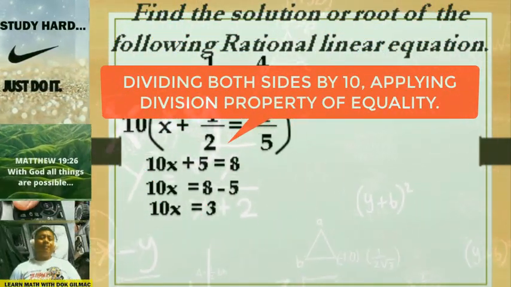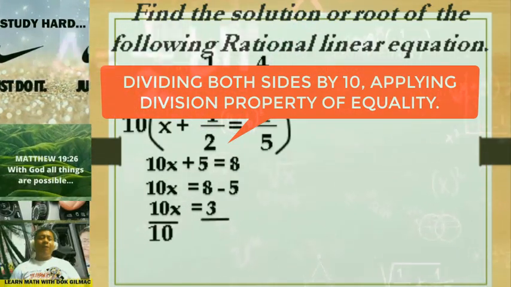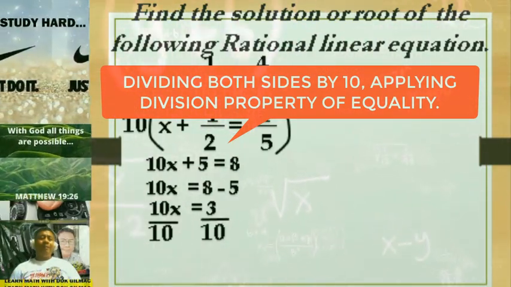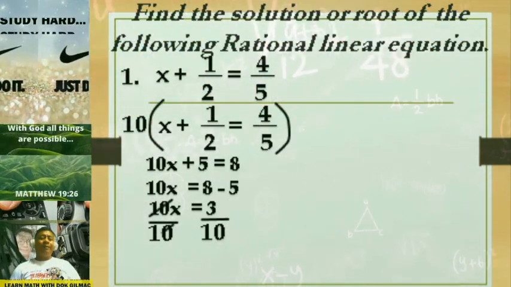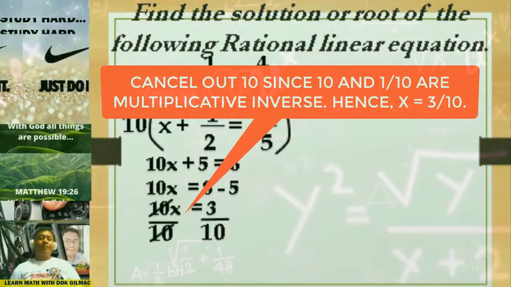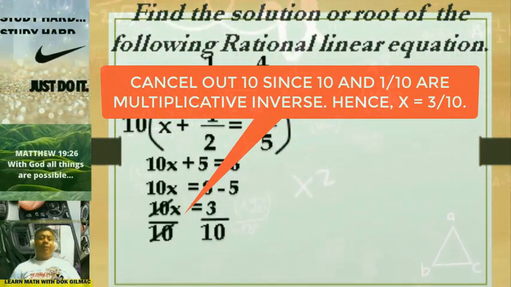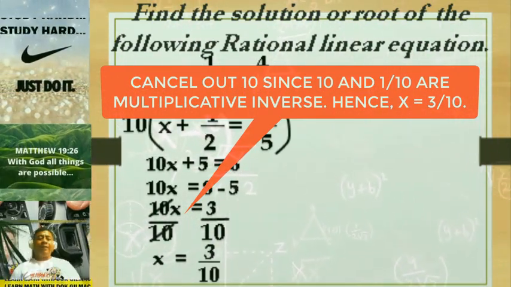Dividing both sides by 10, applying division property of equality, we can simply cancel 10 and 1/10 since they are multiplicative inverses. From here, we have x is just equal to 3/10.